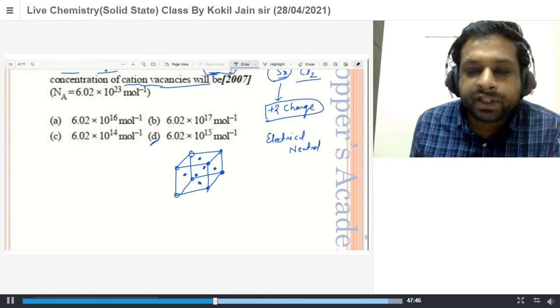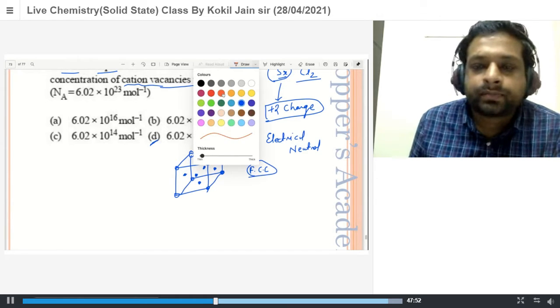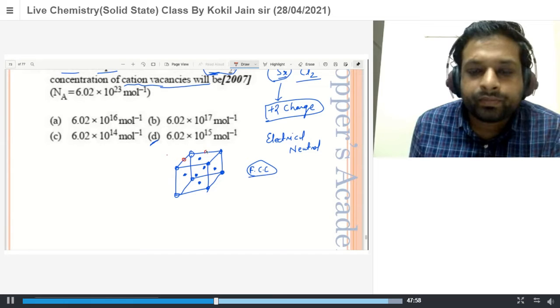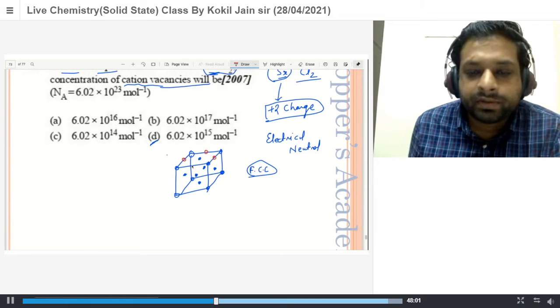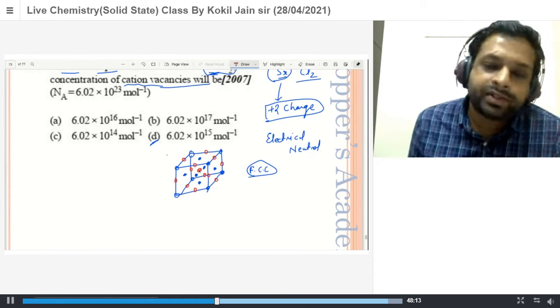This is an FCC lattice. Here, what we saw is chlorine was occupying these octahedral sites. Remember everyone? NaCl type of structure. Eight centers, right? This was at the center, one another octahedral void.